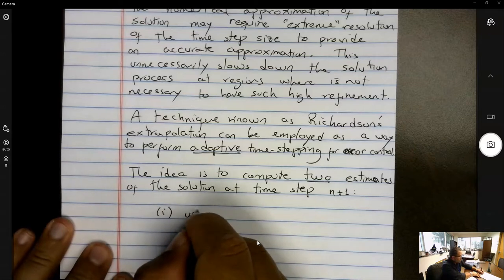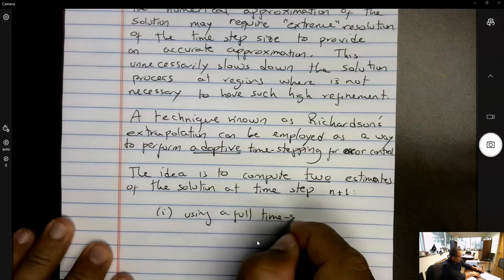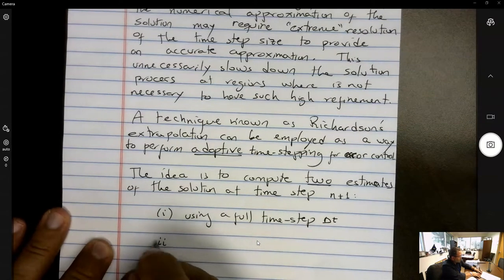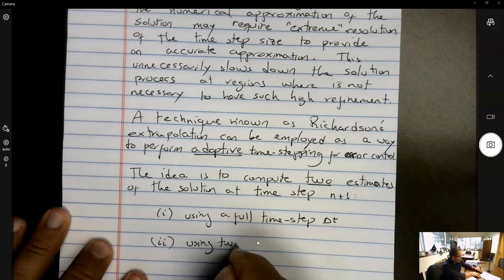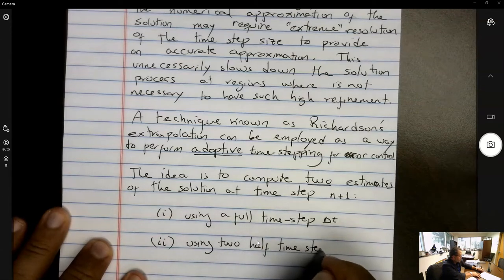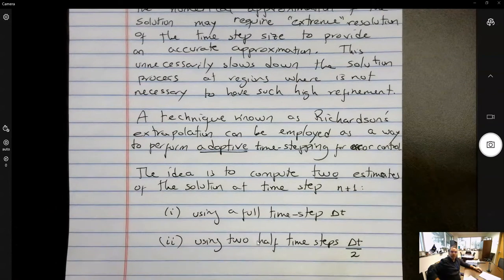One, using a full time step, delta t, and two, using two half time steps, delta t over 2. So we're going to get to the solution estimate at the next time level, n plus 1, by doing it in a full step, delta t, and by doing it in two half steps.